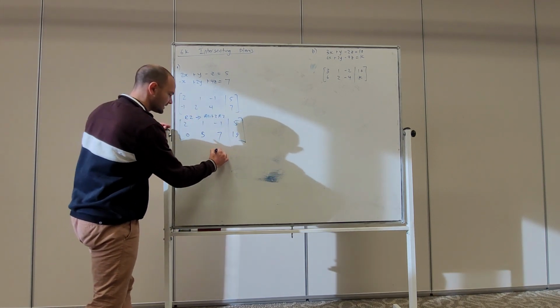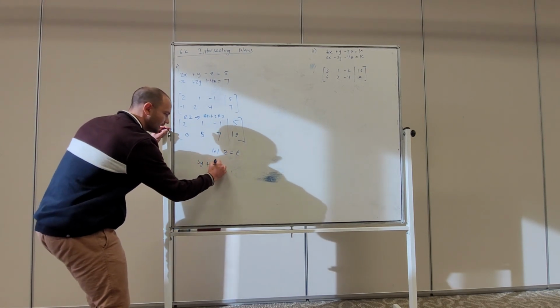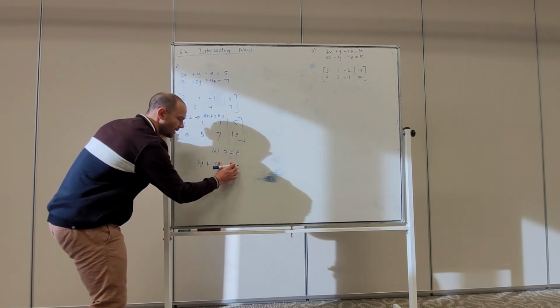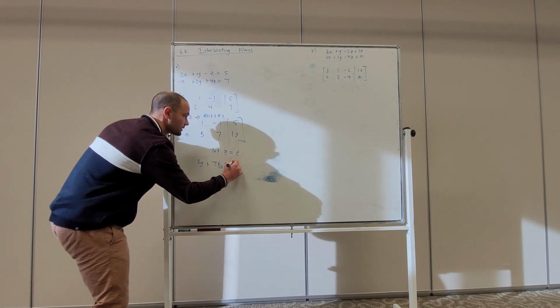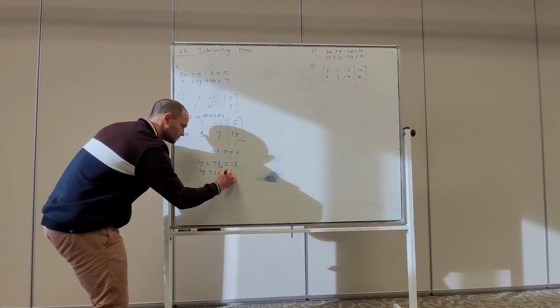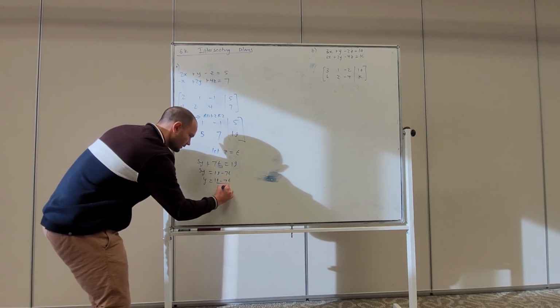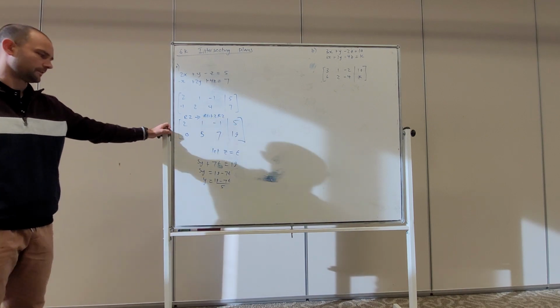Okay, we're going to let z equal t. Then we have 5y plus 7z, 5y plus 7t equals 19. We can solve here for y. And then we can solve through for x.